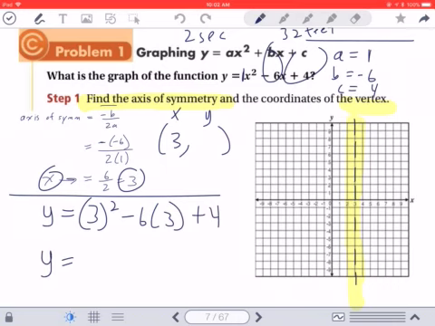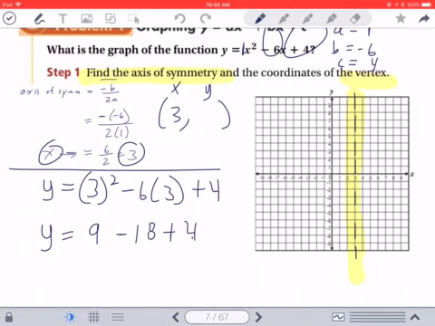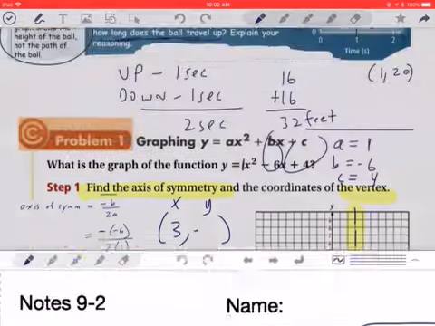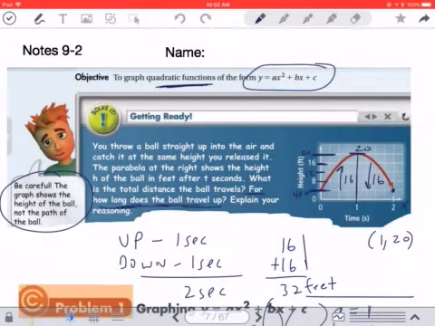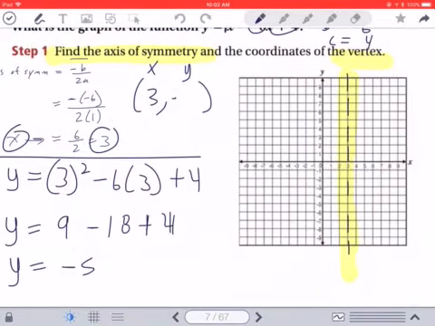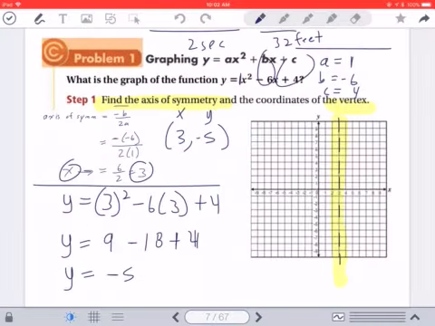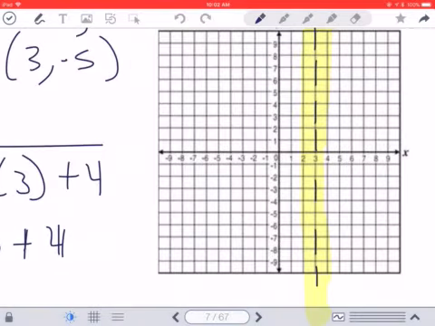So I have y equals 9 minus 18 plus 4. And 9 minus 18 is negative 9, plus 4 is going to be negative 5. So this is going to be 3, negative 5. So my vertex is over 3 down negative 5.